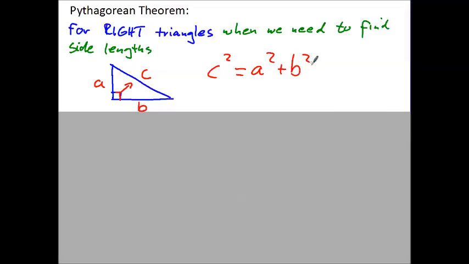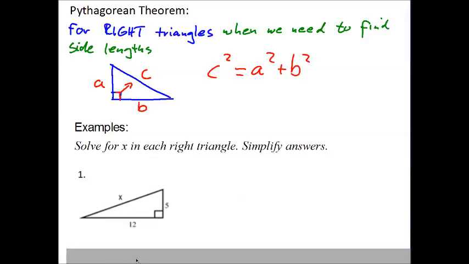Let's look at an example before we come back to our Pythagorean triples. Solve for x in each right triangle and simplify the answers. X is this side here, and if we look at our right angle, then we realize it points towards x.